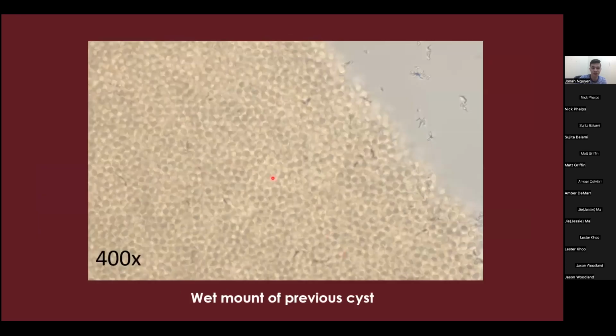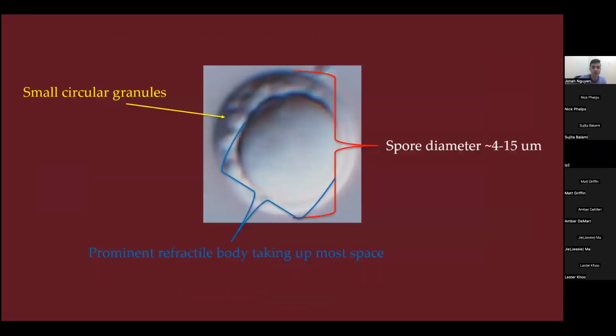You pop it on a slide and you get a wet mount on 40X. It'll look about like this. You'll see it's basically just a bunch of spores packed within the cyst there. And then if you go real high magnification, you'll see something like this. The spore diameter is about 4 to 15 microns, give or take a little bit.